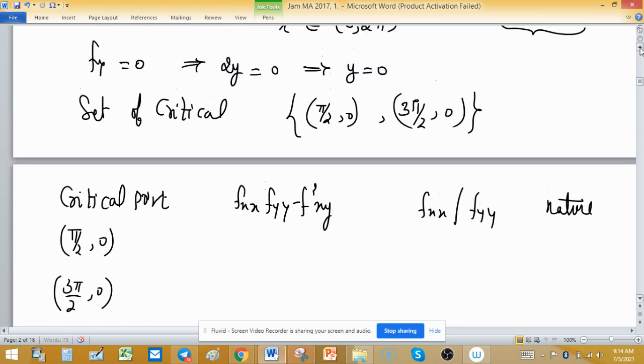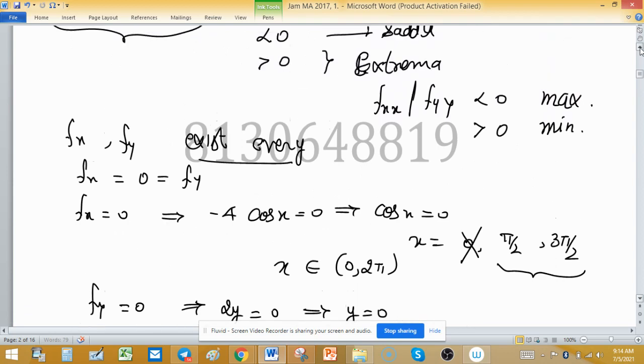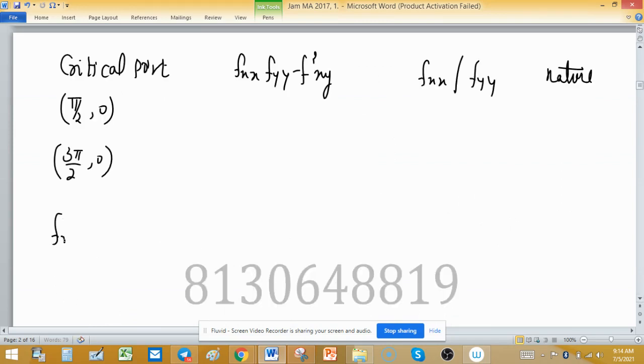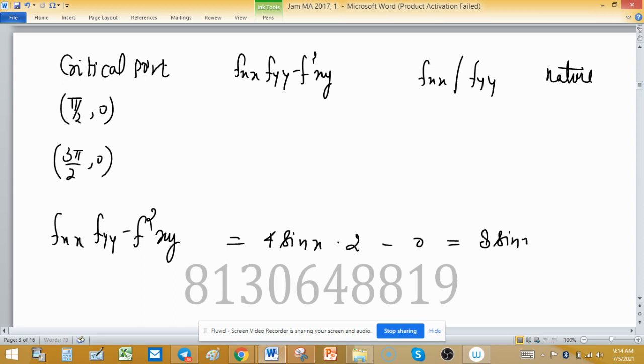Now we compute: the value of fxx is 4 sine x, fyy is 2, and fxy squared is 0. So fxx fyy minus fxy squared is 8 sine x.